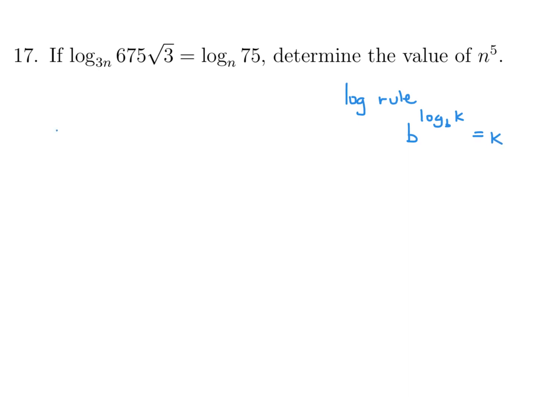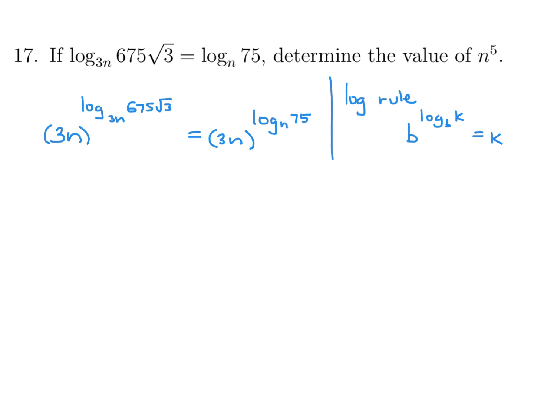So we're going to write 3n to the power of the log of 675 root 3 to the base 3n is equal to 3n to the power of log 75 to the base n.